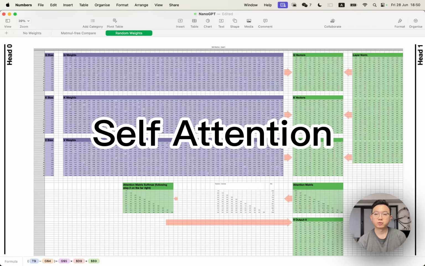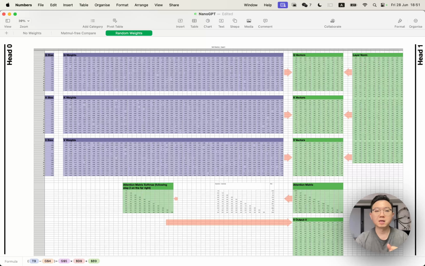And then moving on to the next, which is probably the most important part of a transformer, the self-attention section. Self-attention basically means that when we are trying to decide on the next token, we have to look back at the previously added words and use that to predict the next one.